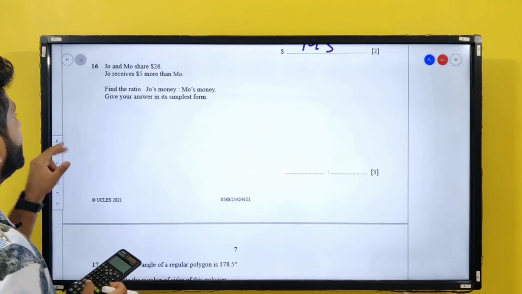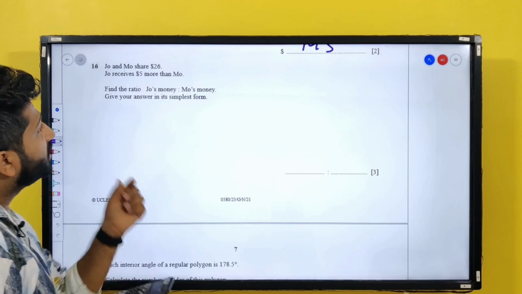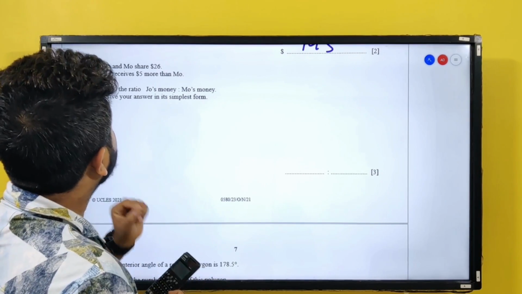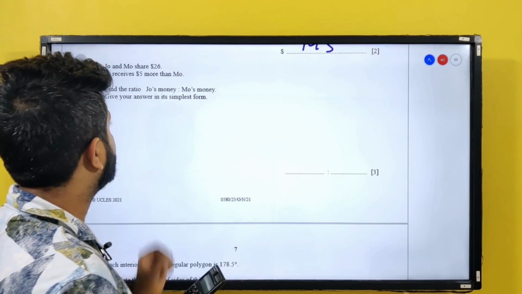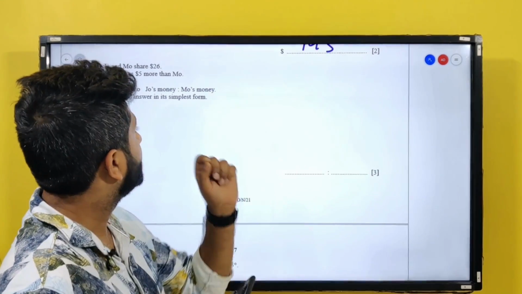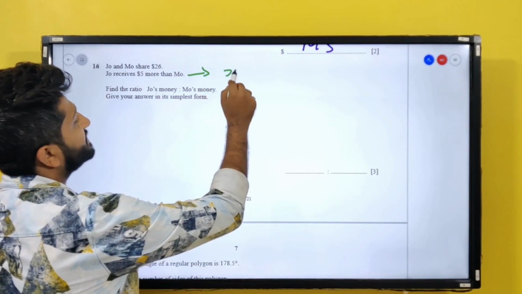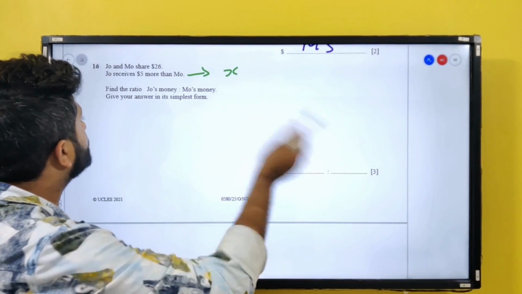Joe and Mo share $26. Joe receives $5 more than Mo. Find the ratio of Joe's money to Mo's money. Okay. See, Joe is receiving $5 more than Mo. Let's say Mo receives X dollars. Then what will Joe receive?